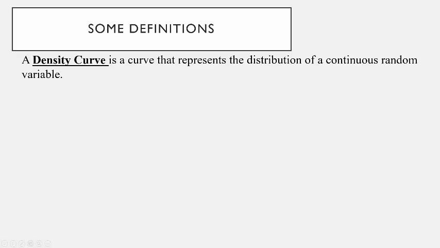Okay, so some definitions then. The first one is what we call a density curve. This is a curve that represents the distribution of a continuous random variable. Basically what it is, it's a graph. And by a graph, it's going to look like a curve that shows how the random variable is distributed.